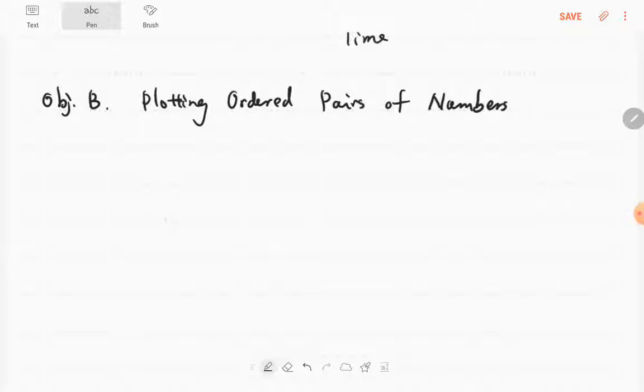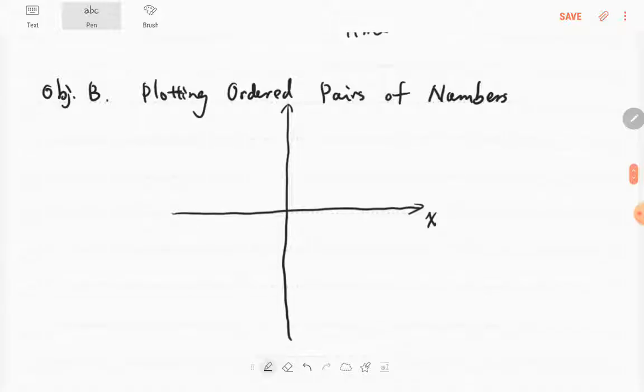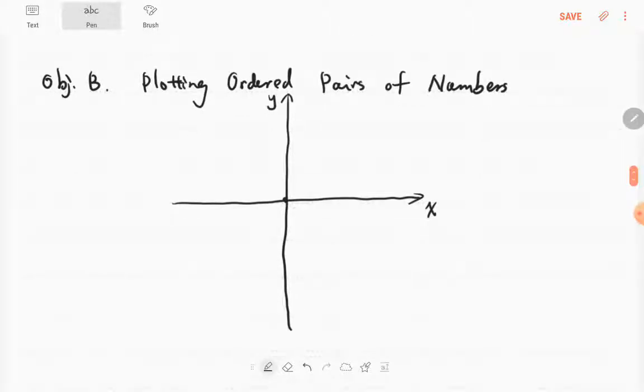We all know in the rectangular coordinate system we have the x-axis, right? We also have the y-axis. The horizontal line we call the x-axis, and the vertical line we call the y-axis. And we know they cross at one point. It's called the origin.